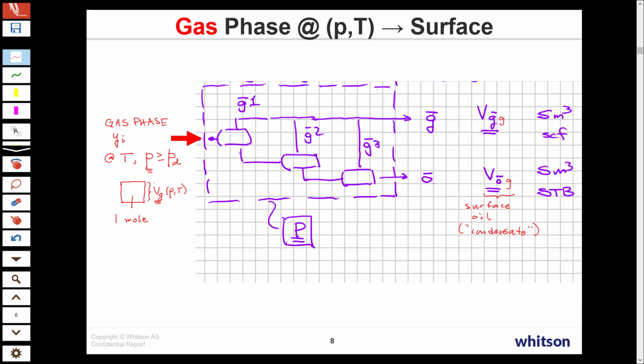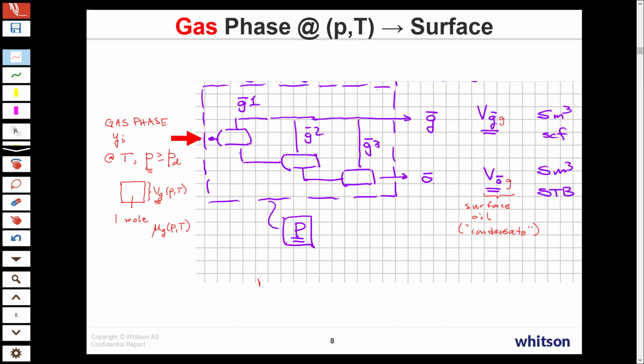Now, in addition to knowing the volume here of this gas phase at P and T, we will also know its viscosity through some model or measurement. That's the third PVT property. This property is independent of the surface process. Now, the formation volume factor of gas, actually, let's start with the solution volume ratio.